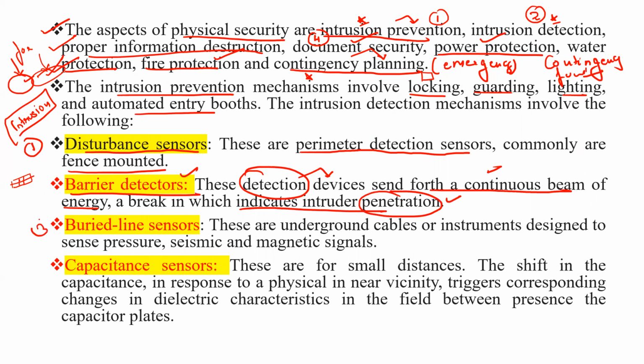The third one is the buried line sensors. The third point we have to discuss is the buried line sensors.